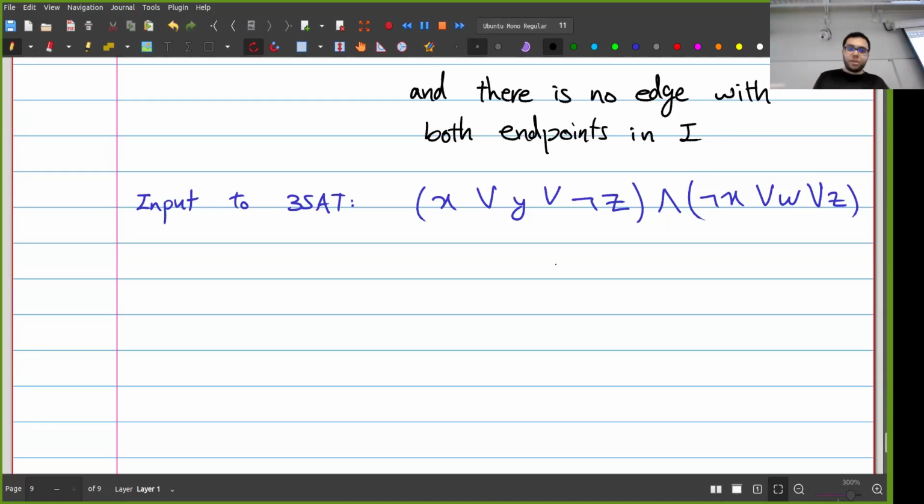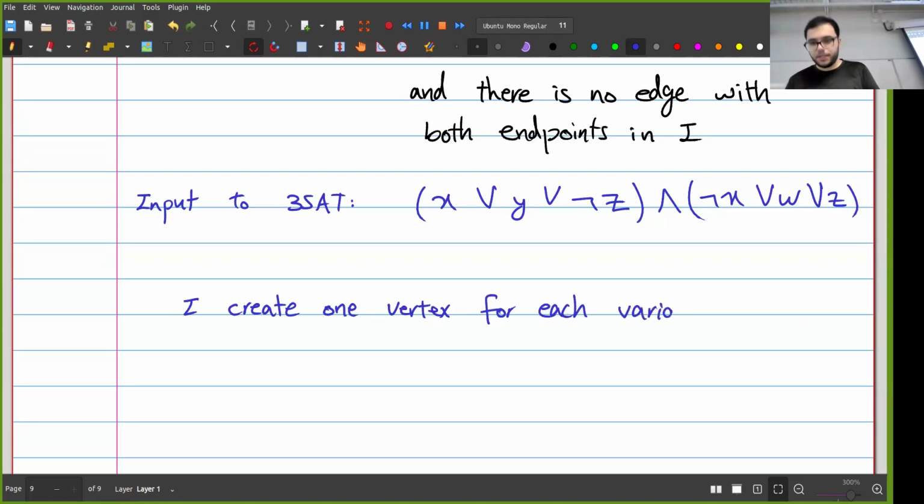If it's no, that one should also be no. Okay. Here's what I'm going to do. I'm going to say, let's first create a bunch of vertices for my variables. So I create one vertex for each variable.